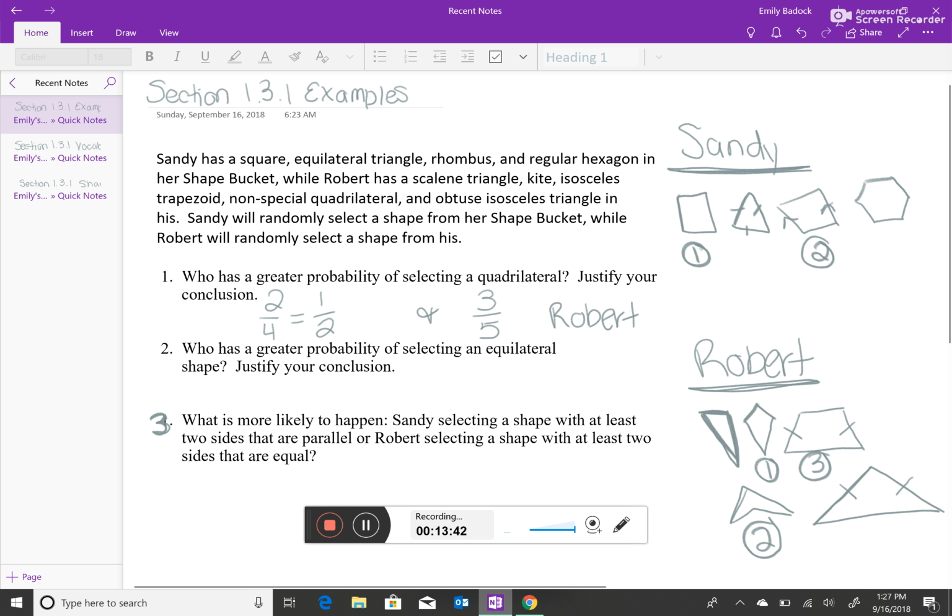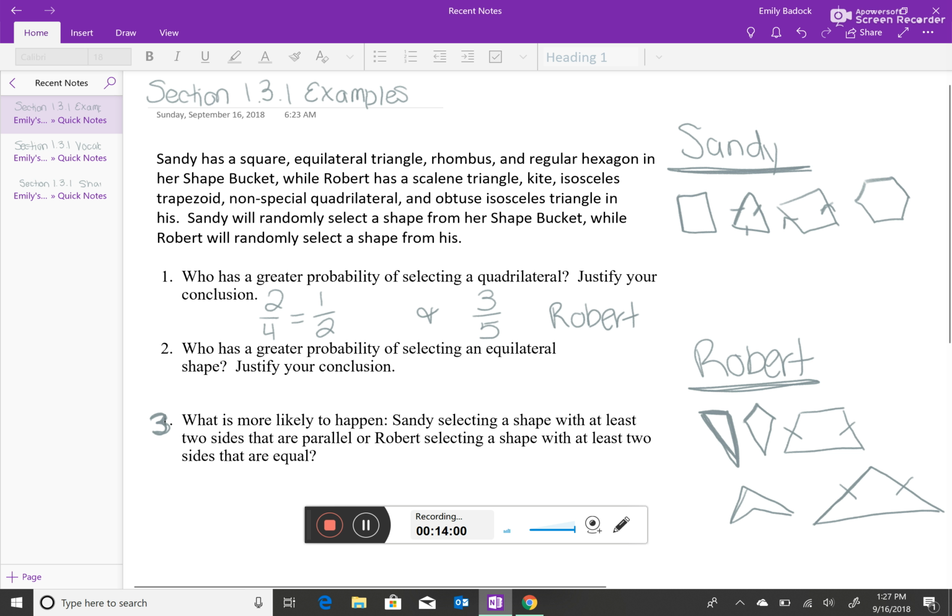Who has a greater probability of selecting an equilateral shape? Let me just erase those really quick. Alrighty. If it is an equilateral shape, it has to be stated for us. So we cannot assume that Robert has any equilateral shapes.